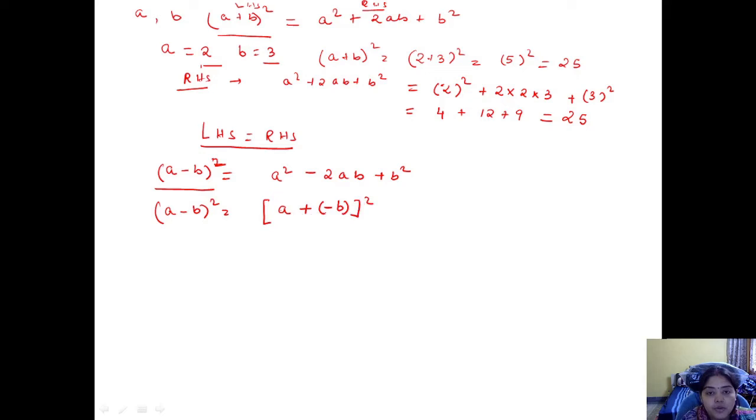Now you can see that I have taken the minus inside and I have given the plus, because plus and minus will always give you minus. You all know these, I guess. For example, plus plus will give you plus, plus minus will give you minus, minus minus will also give you plus. So do remember these.